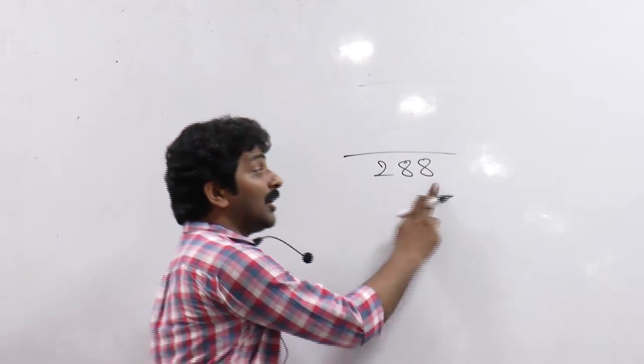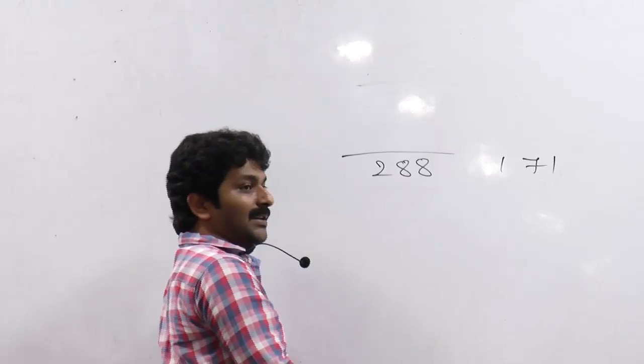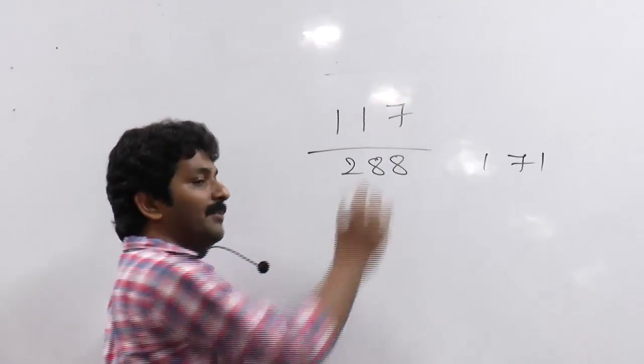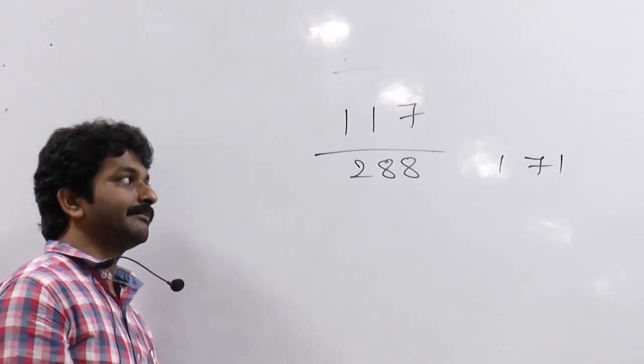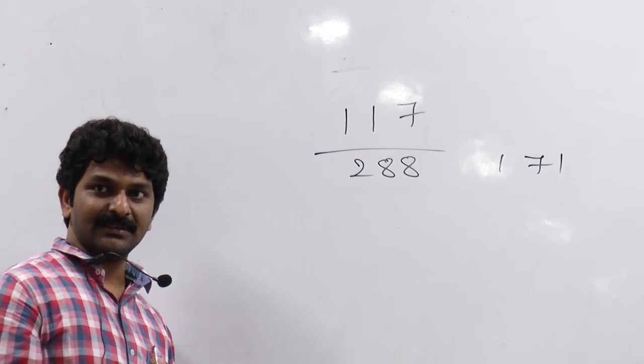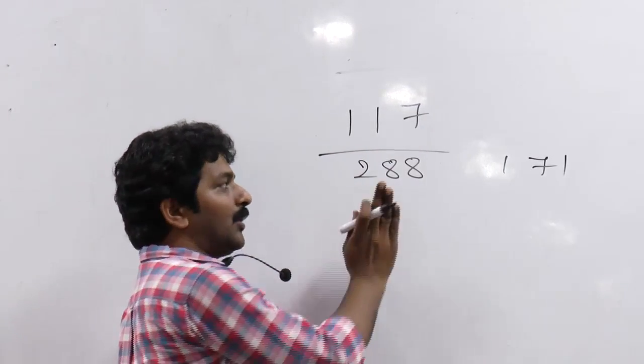So out of 288, 171 are male. What about female? 117. Female are 117. You asked about female percentage. Yes or no? So female candidates are 117 out of 288.